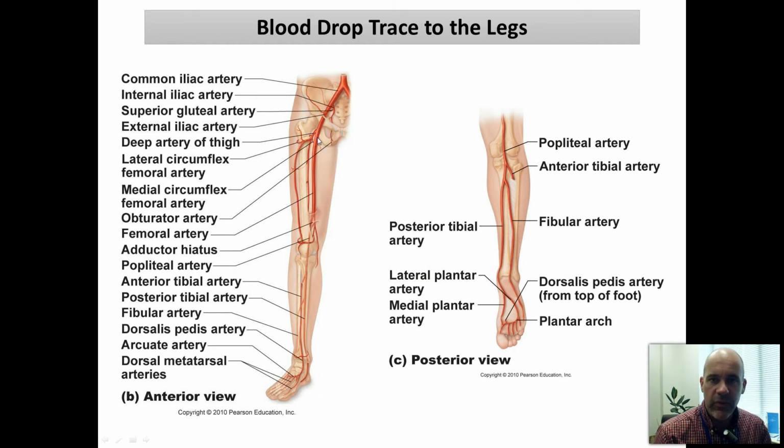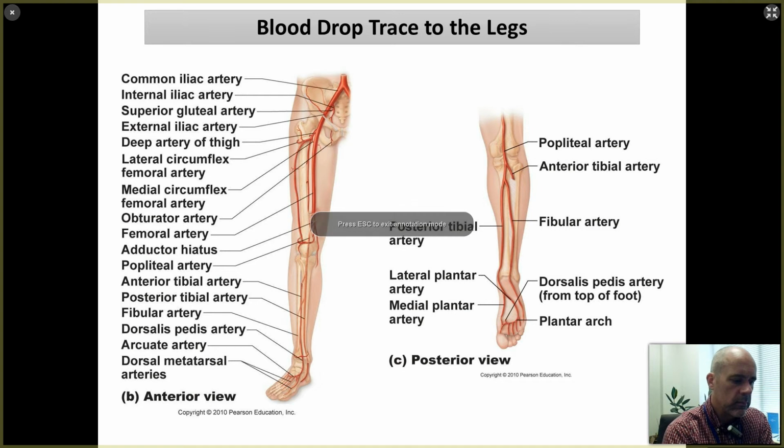That then becomes, this is kind of like what we saw with the shoulder and the arm, the external iliac as it moves down into the leg becomes the femoral artery. All right, so let me draw these in here.